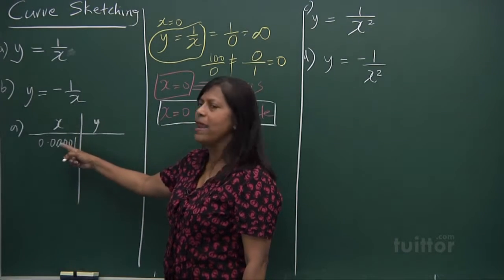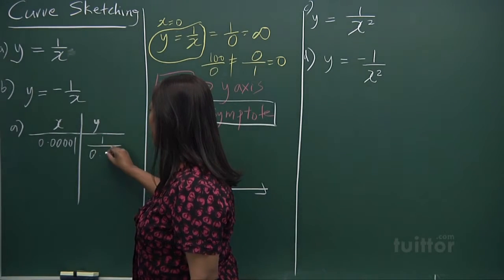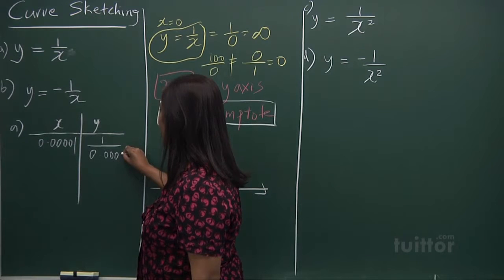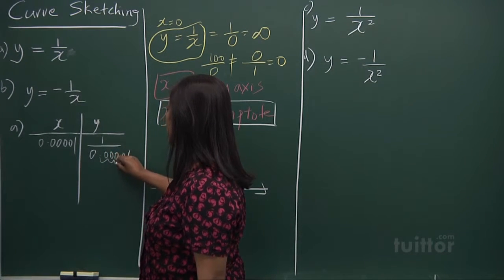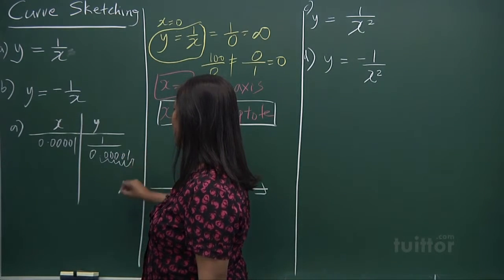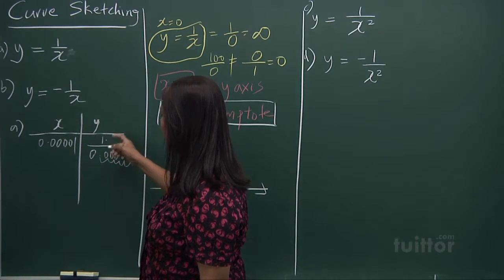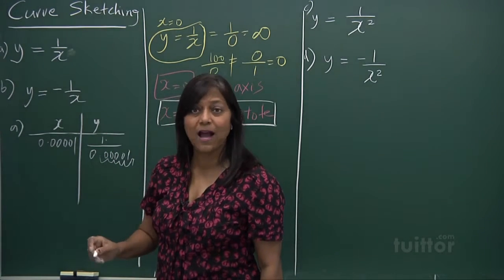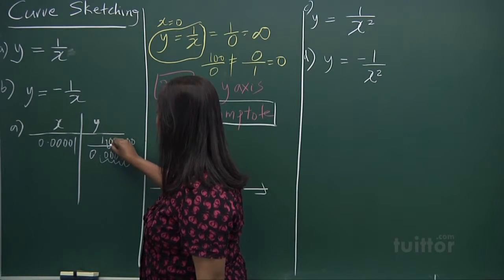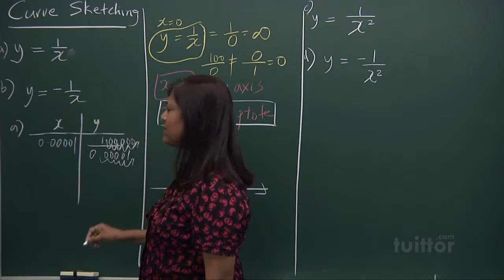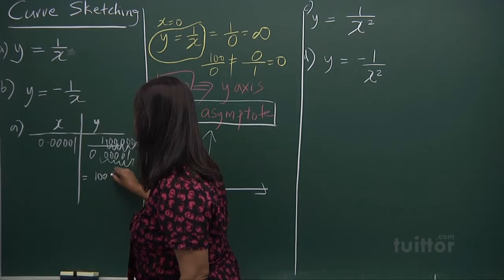It's going to be 1 over that. If we shift the decimal point 5 times, what do we get? We get 100,000. So you can see that y gets to 100,000.